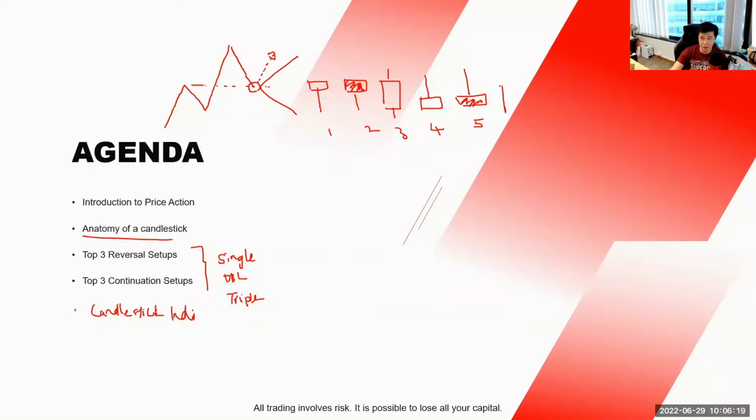A few different patterns. Depending on the pattern that is formed, it affects the probability of how profitable or how accurate your setup is going to be. If it forms this kind of candlestick pattern right here when you're expecting a bounce, you can give it 3 stars, 3 ticks.